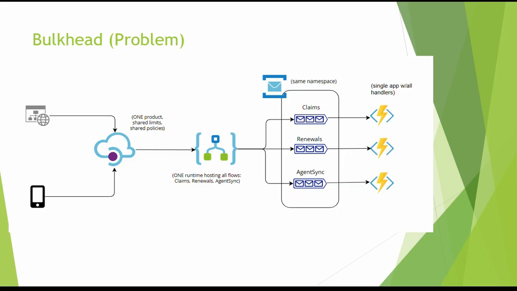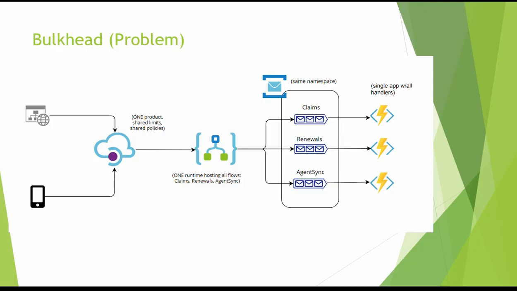Now, if you look at the example which I'm trying to depict here in the bulkhead problem, in this scenario we have mobile and web applications calling APIM, and APIM has only one product with a shared limit and shared policy. It's called the logic app, one runtime hosting all flows.